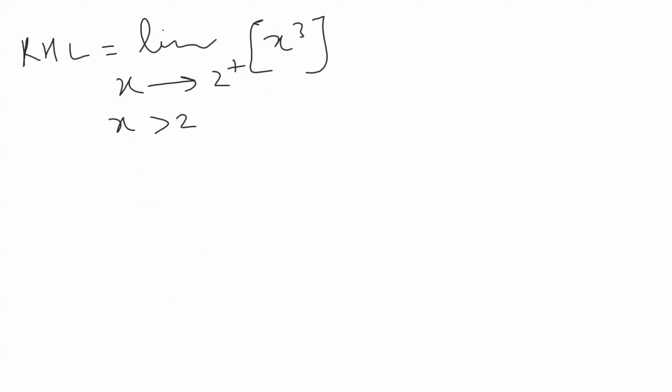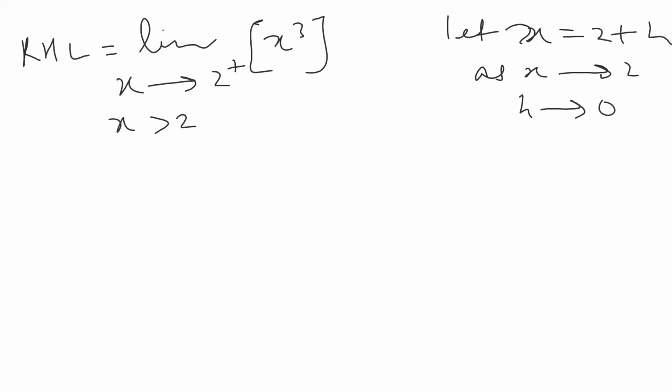Let x is equal to 2 plus h. As x approaches 2, h will approach 0. So when x is 2, 2 and 2 get cancelled, h will approach 0. So this will be limit h approaches 0 of 2 plus h.